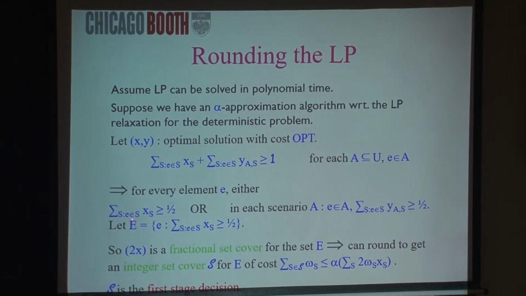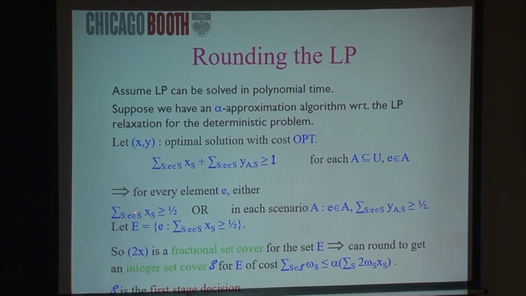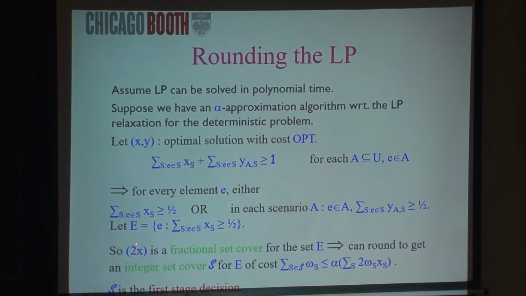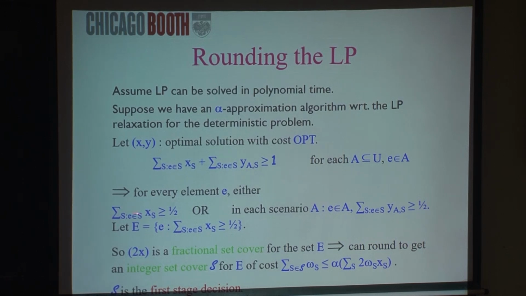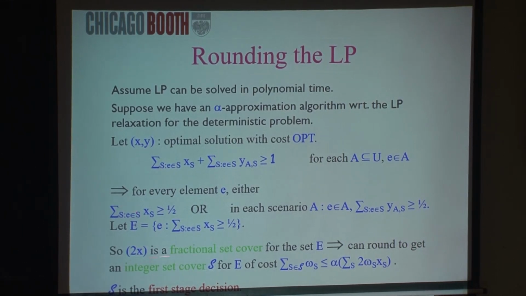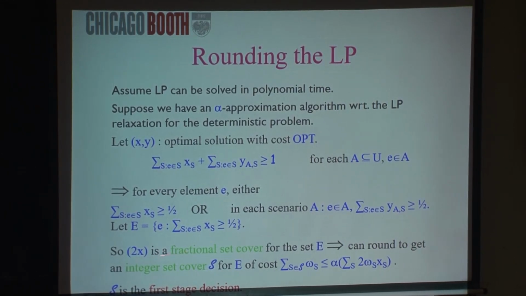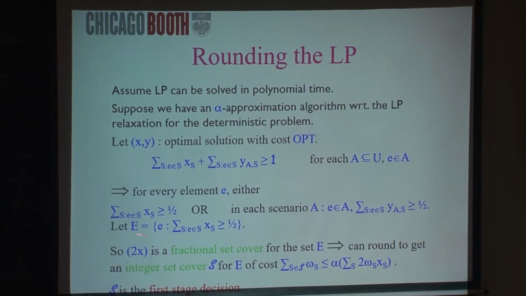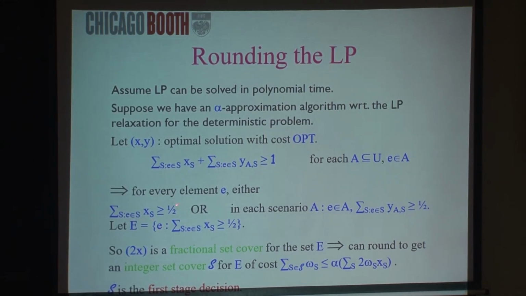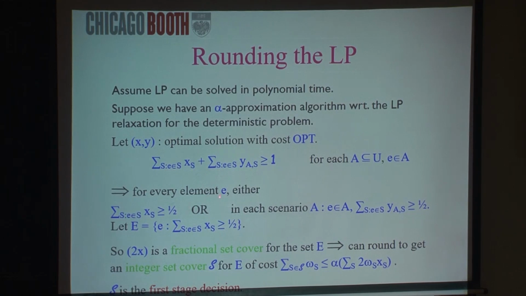So if I take 2 times it, I know that 2 times this has to be a total cover for all of the outcomes.